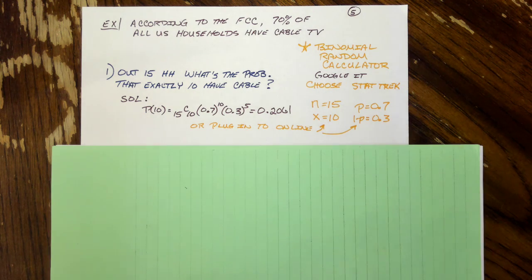So on our binomial calculator, we have StatTrek.com. I'd again Google it. Just don't go to StatTrek alone because you have all sorts of different choices. Go binomial random variable calculator. That gets you right there.